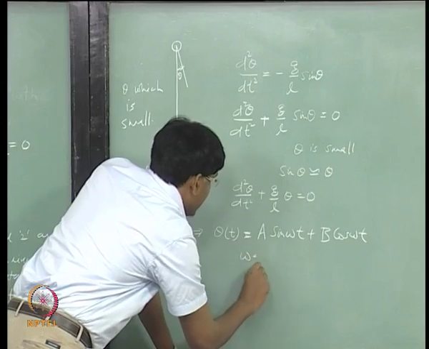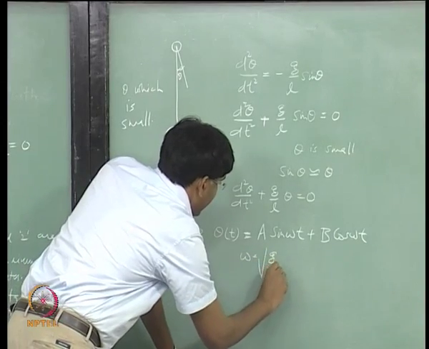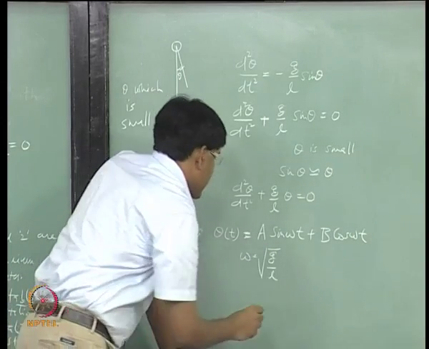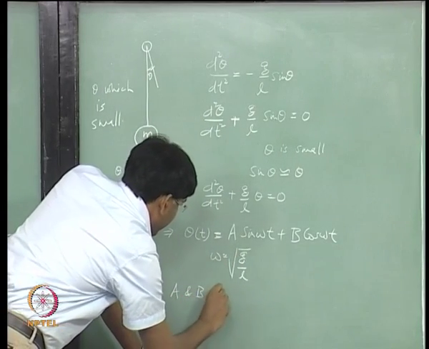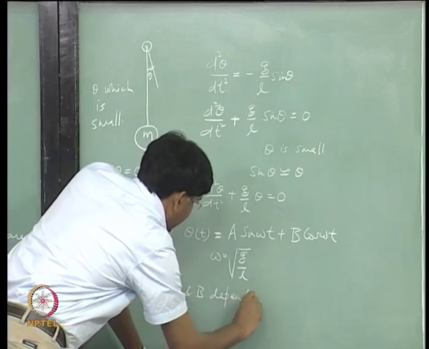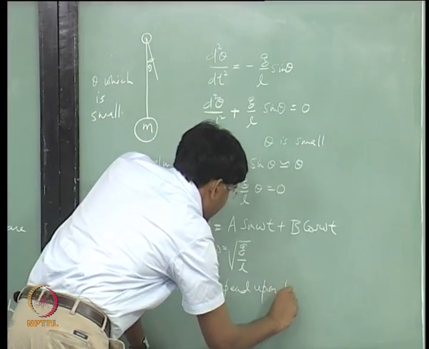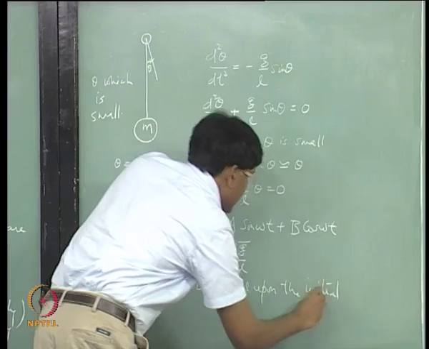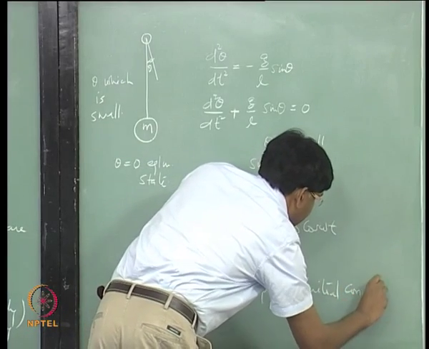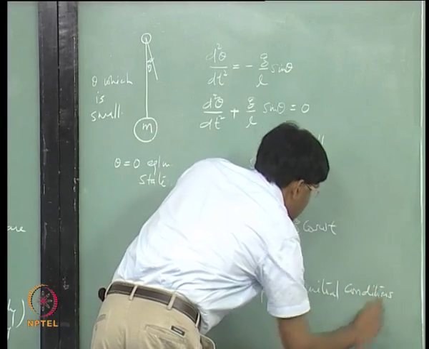Omega is the natural frequency, and A and B depend upon the initial conditions.